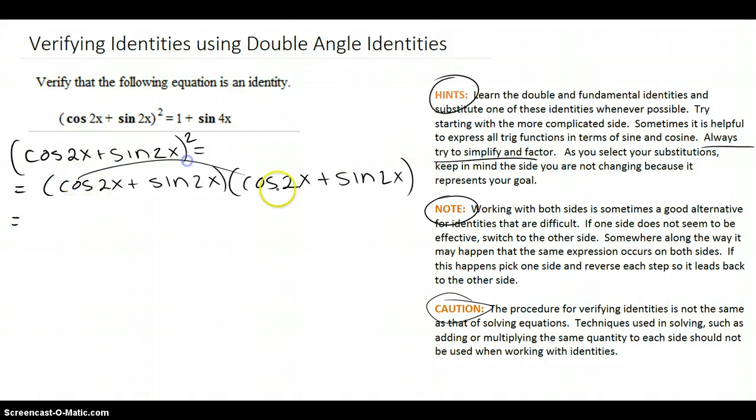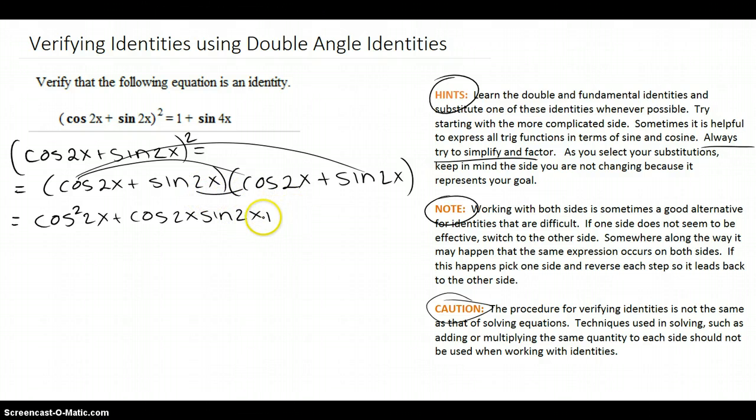So if I use FOIL, I know that that is cosine squared of 2x, the first, the outer, cosine of 2x times sine of 2x, and then this one times both, the inner. Oops, I'm running out of room. Could have just said two of those.